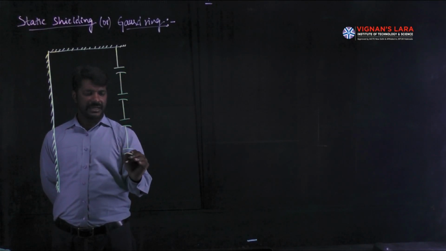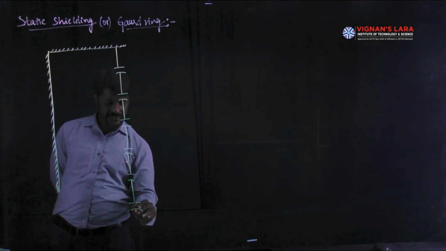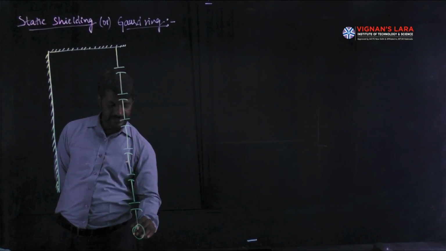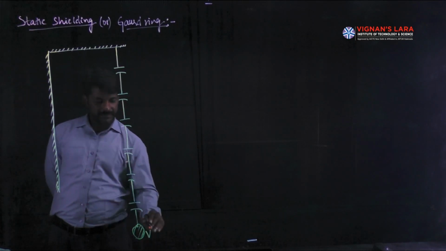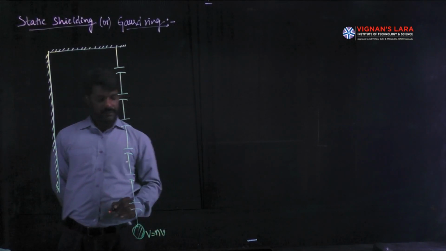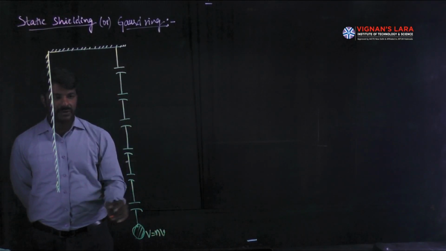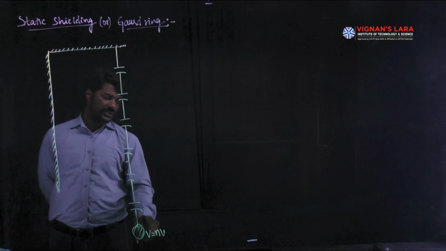In general there are n number of units, and here this is the conductor operating with a voltage of capital V. Let me call that capital V as n into small v, because there are n number of units. Out of all these n units, each unit has a voltage of V volts, so that NV.